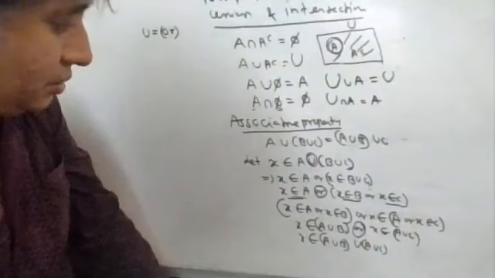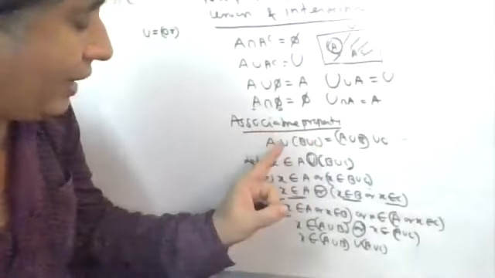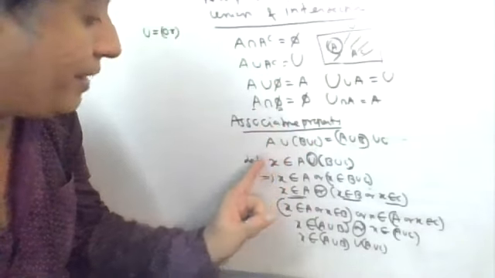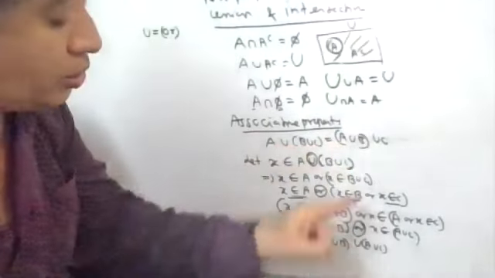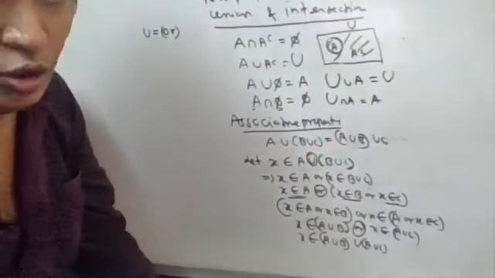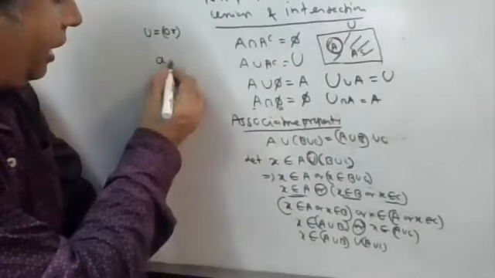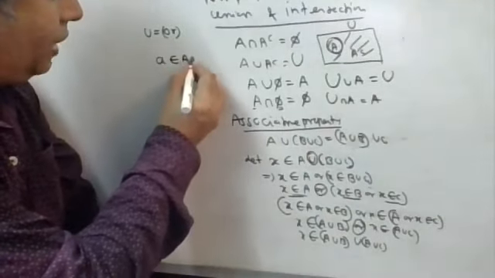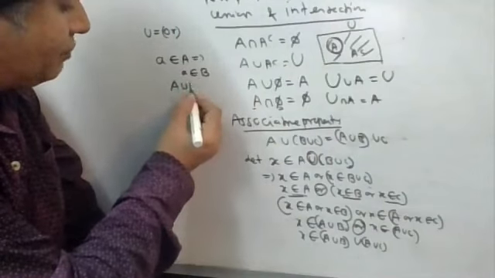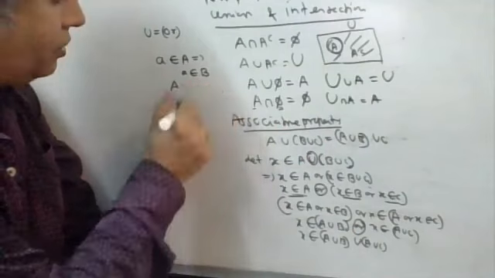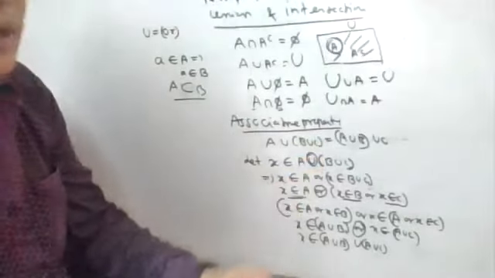So what does it mean? I started with the left hand side and am able to show that the element which belongs to the set of the left hand side also belongs to the set of the right hand side. So what does it depict? Earlier we got that if X belongs to A implies X belongs to B, then A is a subset of B. That concept you got earlier, so here also that concept will recur.